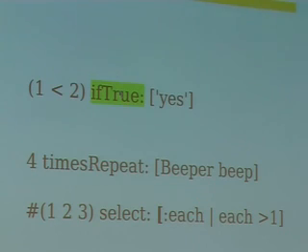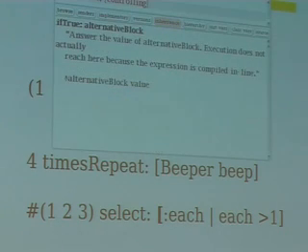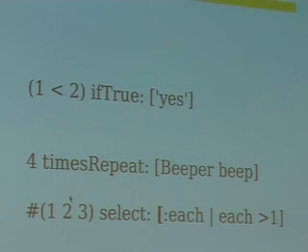We can actually look at the code. So it just says if true alternative block, and it just returns alternative block value. Quite simple. The same way you can implement any form of loops. For example, we can just repeat something 4 times.